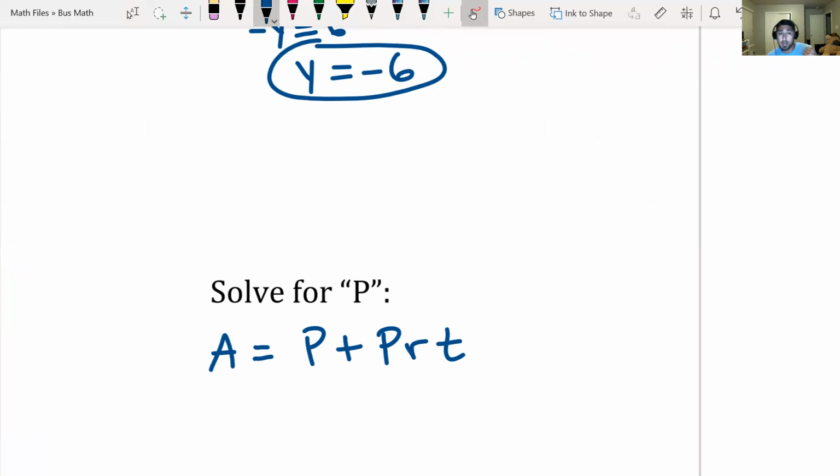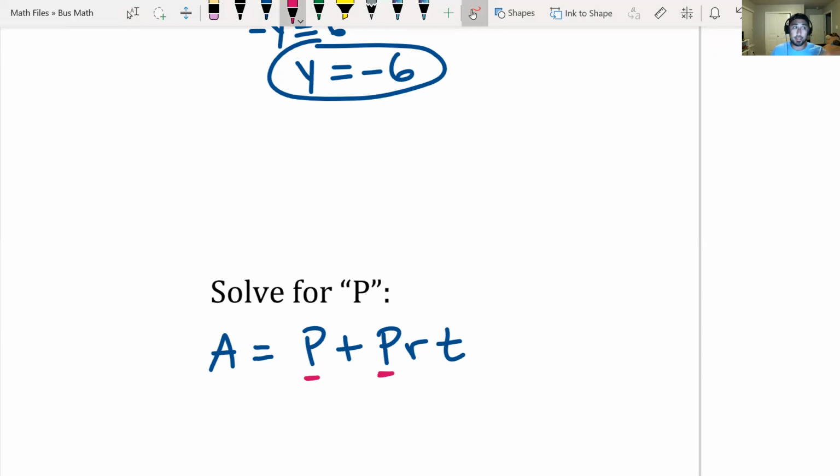So in this one, we want to solve for P. So we want to have P all by itself. Well, what we see right now is that there are exactly two P's on the right side. There is a common variable or a common factor of P. And I just said the key word here. To get P by itself, well, we are going to have to factor it out.